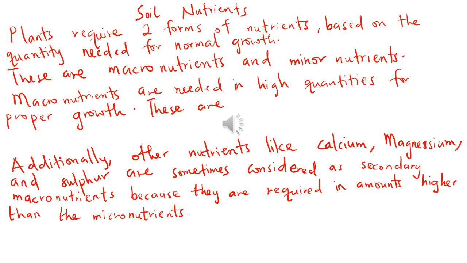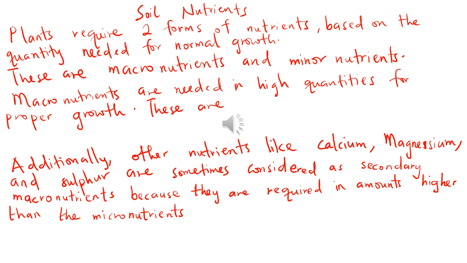Now plants in general require two forms of nutrients, based on the quantity needed for their normal growth. It is not only one type of nutrient that a plant absorbs from the soil to grow. They require different amounts of nutrients to ensure their proper growth.